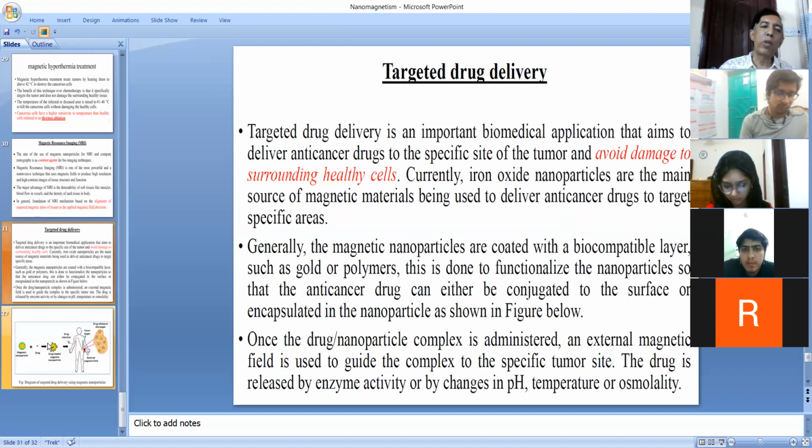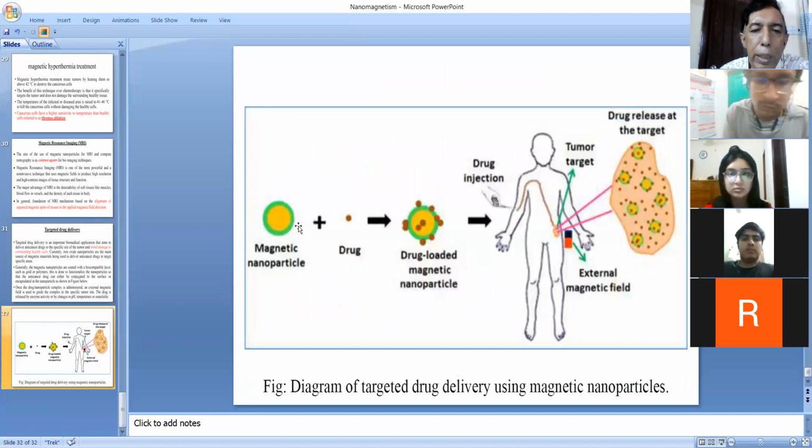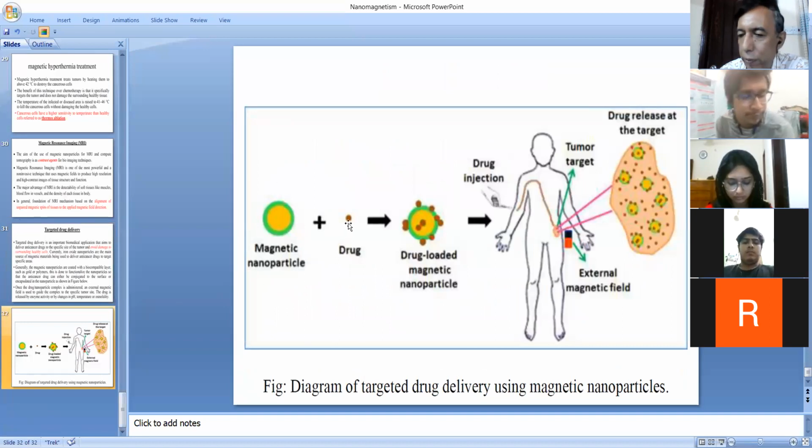Now, the next one is targeted drug delivery. For example, I'm showing here how you can do targeted drug delivery. Say, for example, this is a magnetic nanoparticle, and this is the drug.